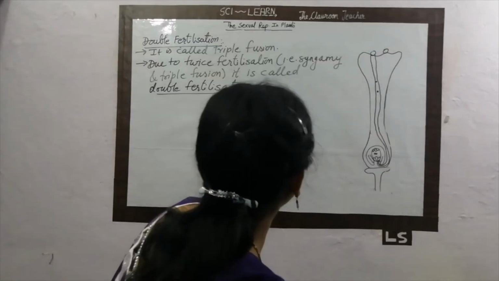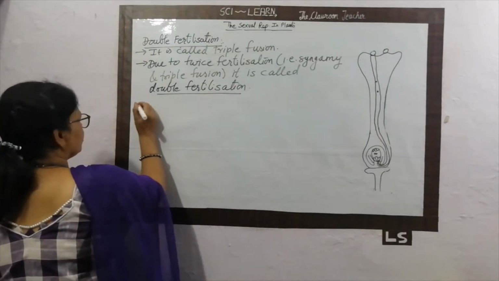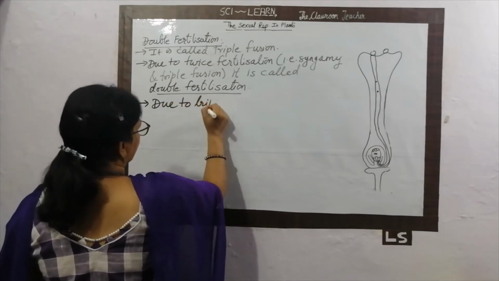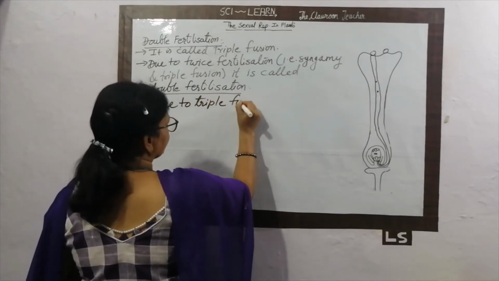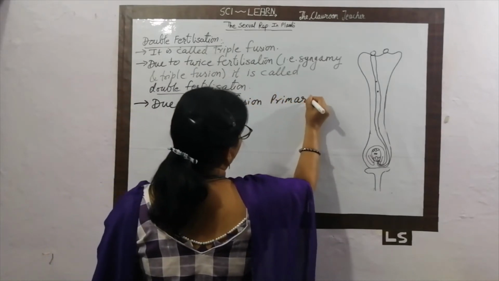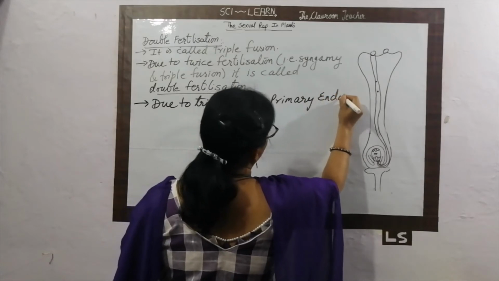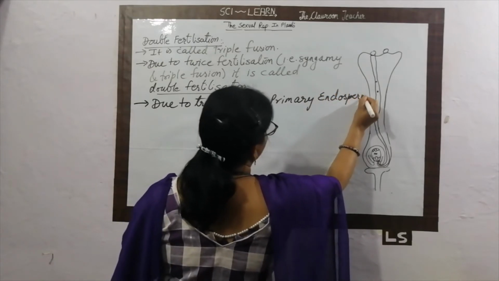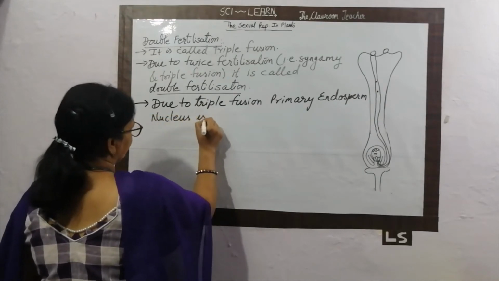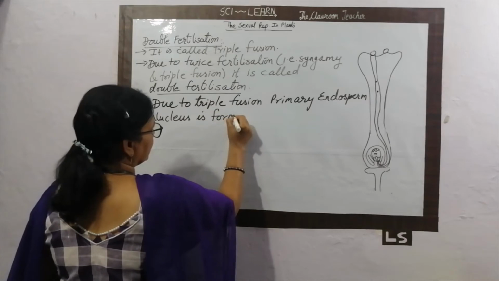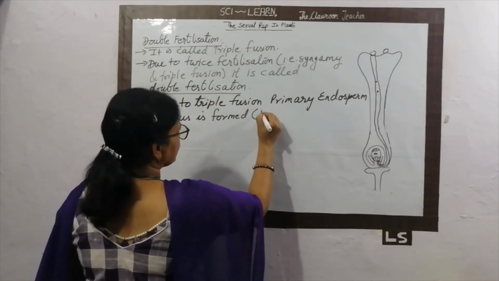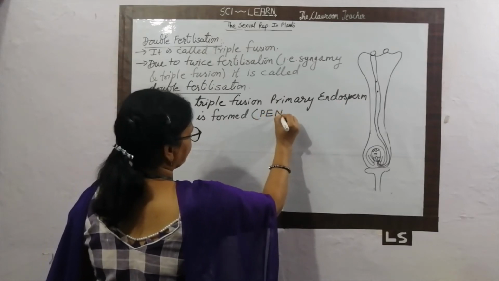The triple fusion nucleus, 3N, is called the primary endosperm nucleus, that is PEN.